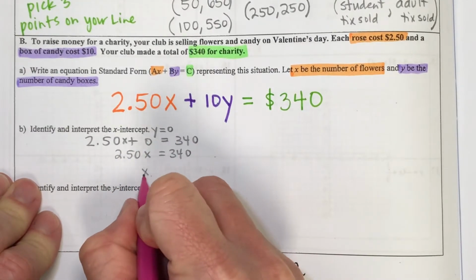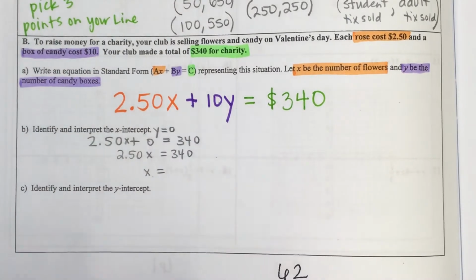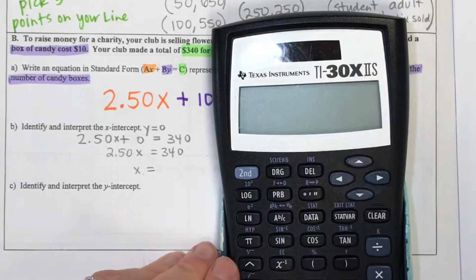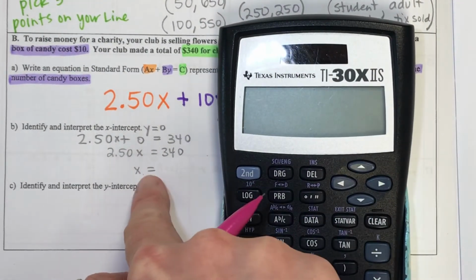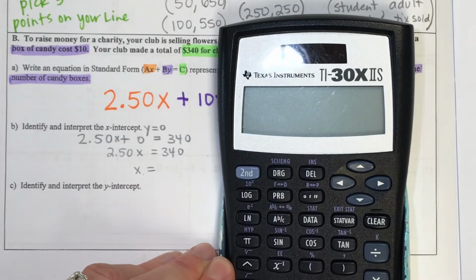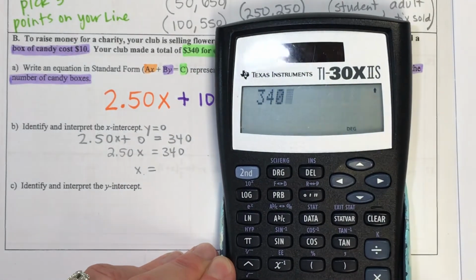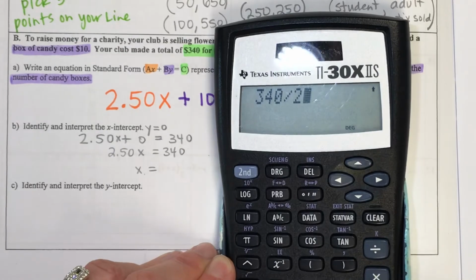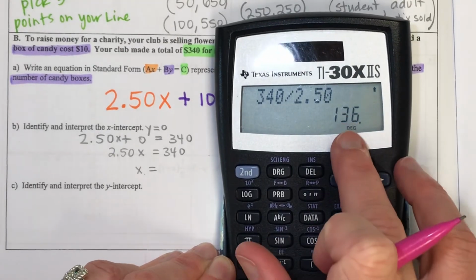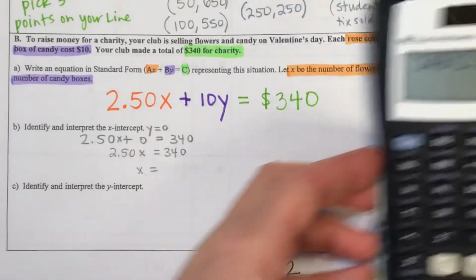Let's divide and find out how many roses we could have sold if we sold only roses, so only x's. I take my 340 and divide by $2.50, and that would be the number 136.